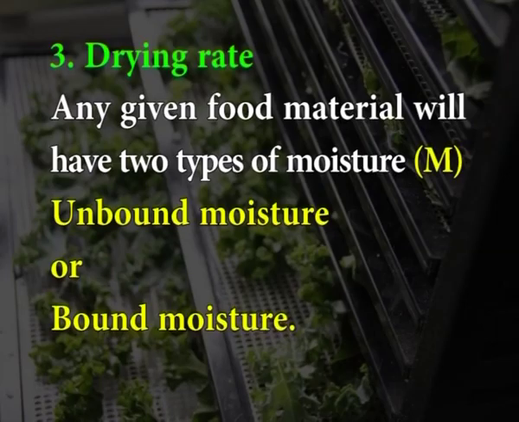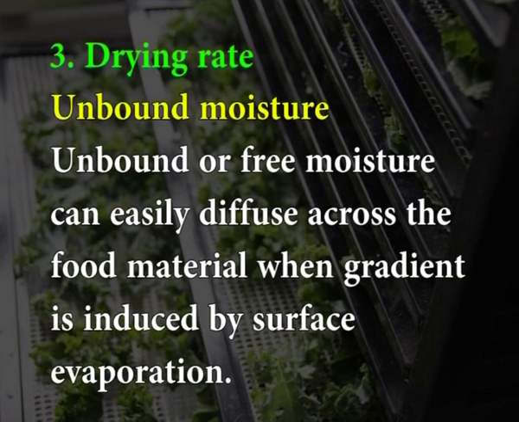Let us look at the drying rates in a drying process. Any given food material will have two types of moisture, unbound or free moisture and bound moisture. Unbound moisture can easily diffuse across the food material when a gradient is induced by surface evaporation.